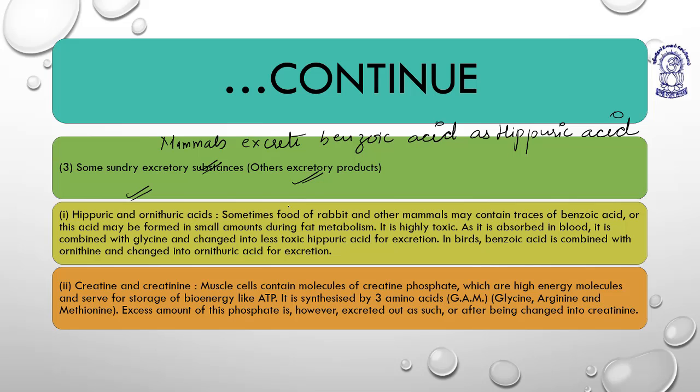Sometimes the food of rabbits and other mammals may contain traces of benzoic acid, or this acid may be formed in small amounts during fat metabolism. It is highly toxic. It is absorbed in blood, combines with glycine, and is changed into less toxic hippuric acid. So benzoic acid is converted into hippuric acid.